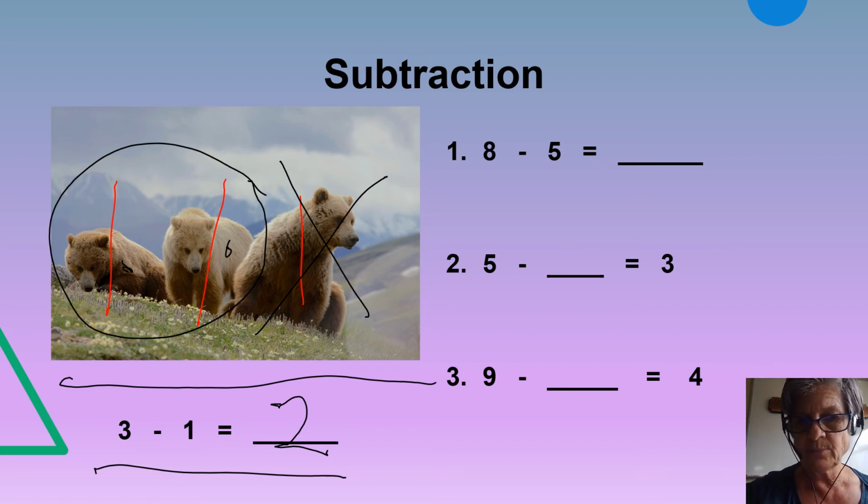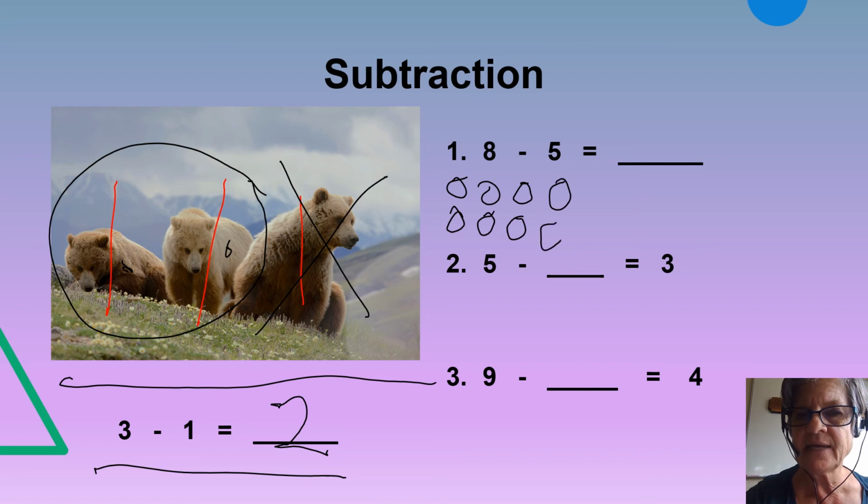So I'm going to make 8 circles. 1, 2, 3, 4, 5, 6, 7, 8. Now I want to check to make sure I did 8, so I'm going to put a dot on each circle as I count them to make sure of 8.